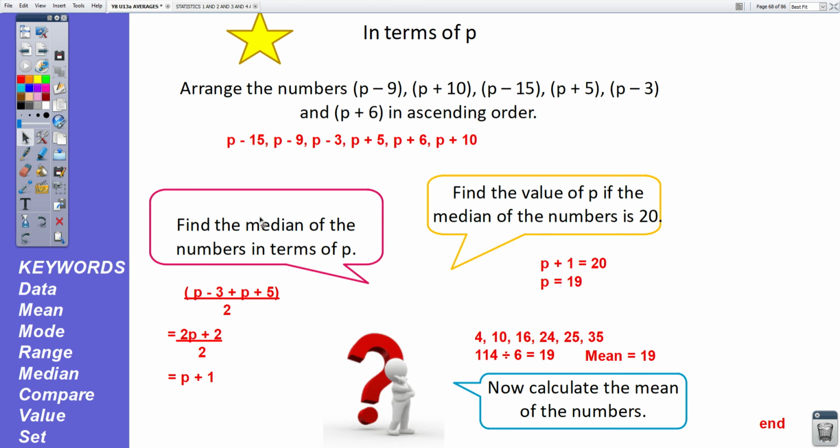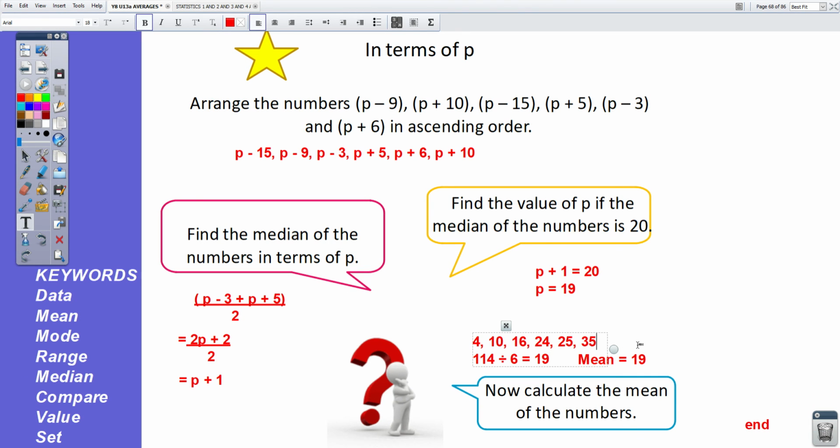So now, if we know that P is 19, we can replace all of these by changing P into 19. So the first one is 19 take away 15, which is 4. 19 take away 9, which is 10. 19 take away 3, which is 16. 19 add 5, which is 24. 19 add 6, which is 25. 19 add 10, I've made a mistake here. 19 add 10, which is 29.